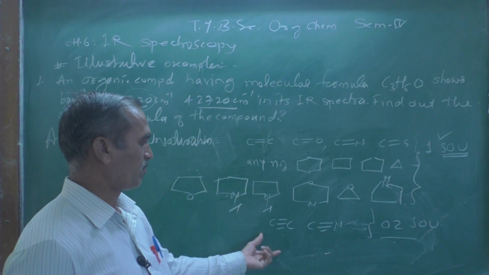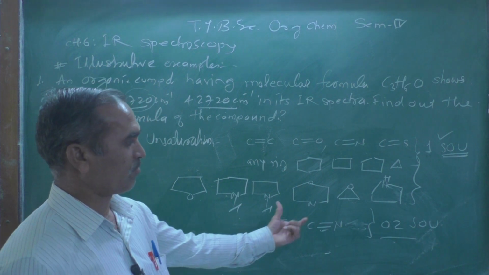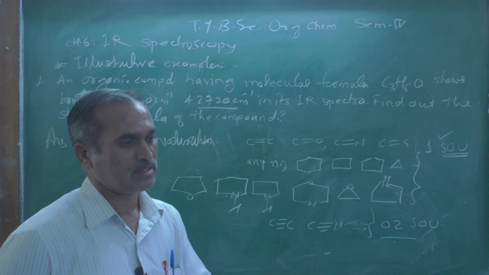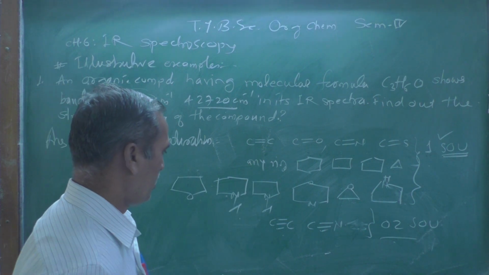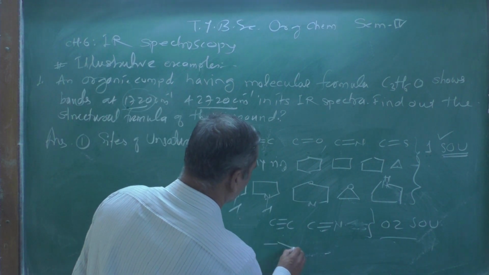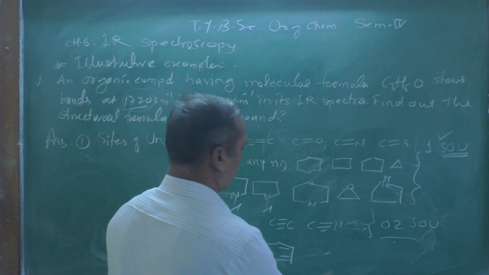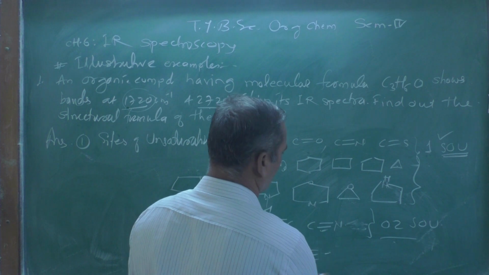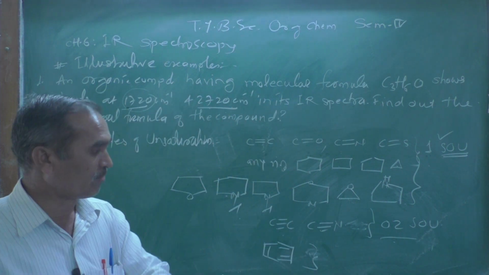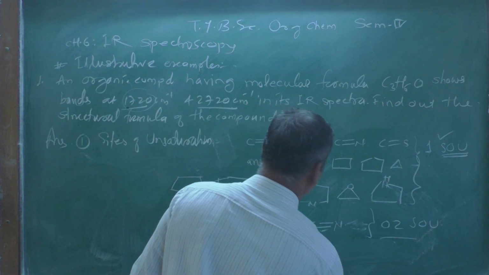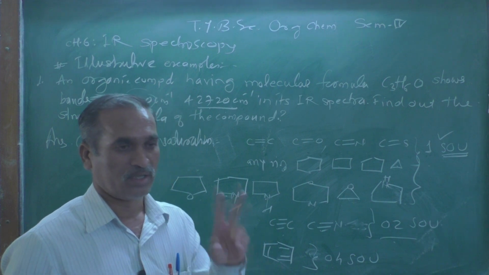If triple bonds are there, it is nothing but 2 sites of unsaturation. Now, benzene: how many sites of unsaturation are present in benzene? There will be 4 sites of unsaturation, SOU.